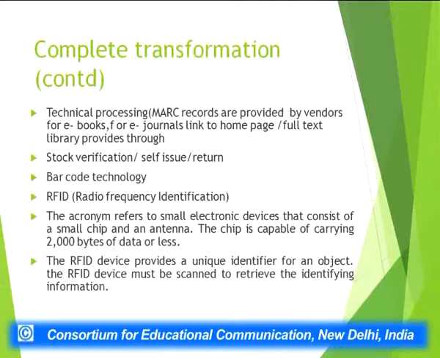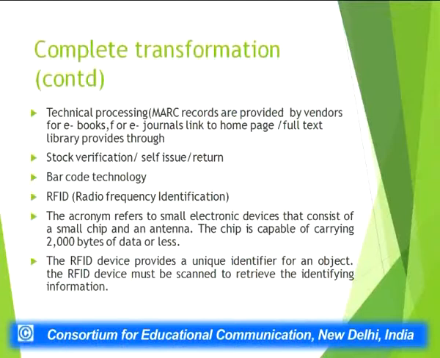There has been complete transformation with regard to how books are processed. For example, earlier in the manual system, books were processed and bibliographical details were entered in the OPAC.